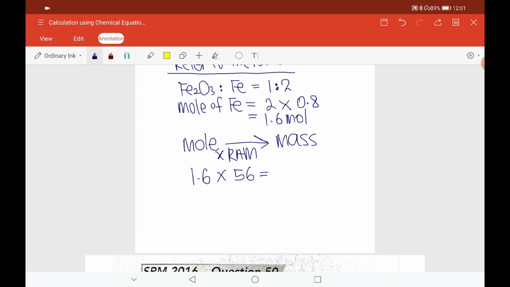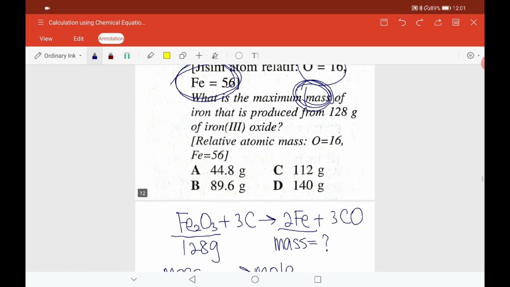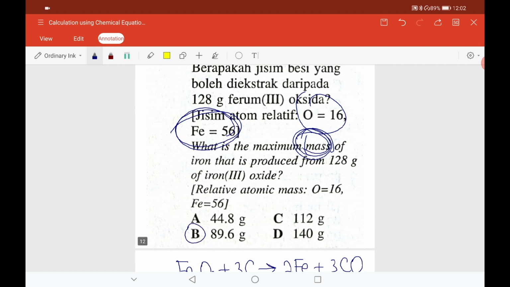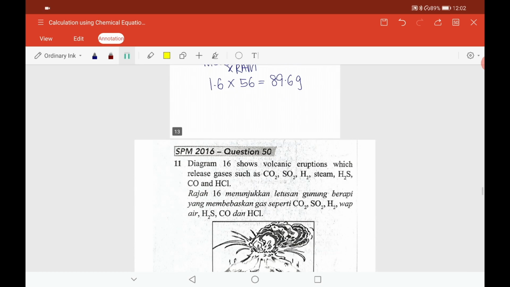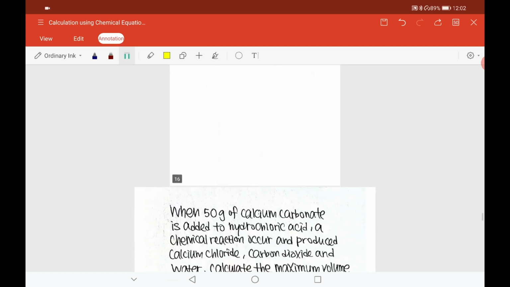Key into your calculator 1.6 multiplied by 56, and we get 89.6. The unit is gram, because we are looking for mass. So the final answer is B, 89.6 gram. This is how you do the question step by step.